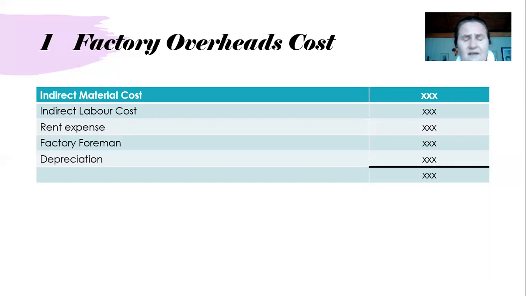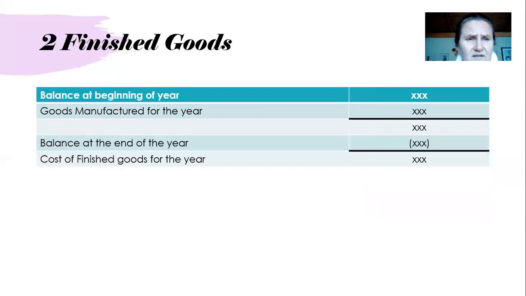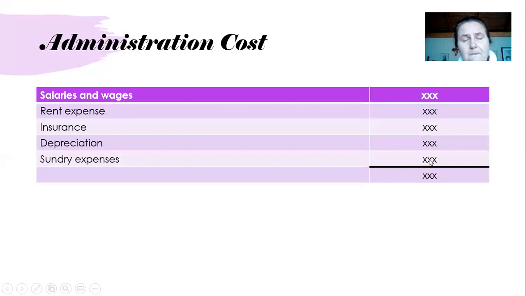Once again, they can be quite complicated to calculate. Finished goods: I'm going to have those goods that I finished at the beginning of the year, plus the goods manufactured for this year, minus those which were not given to distribution yet, and that's going to give me the cost of the finished goods for the year.